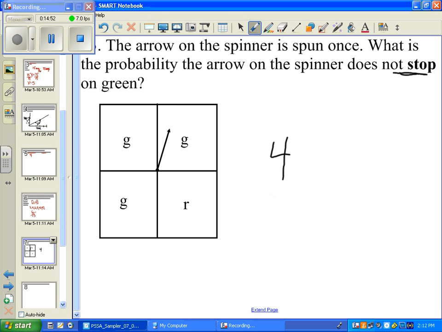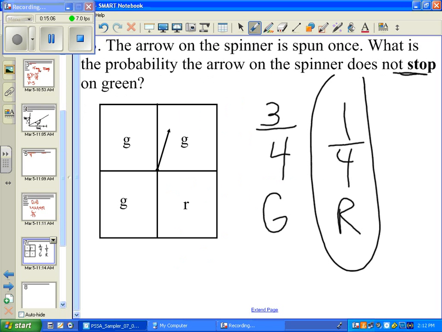So there's 3 which will stop on green, and there's 1 out of 4 which will stop on red. And this is the one we're looking for, the one that does not stop on green. 1 out of 4. And that corresponds to letter A on our answer sheet.